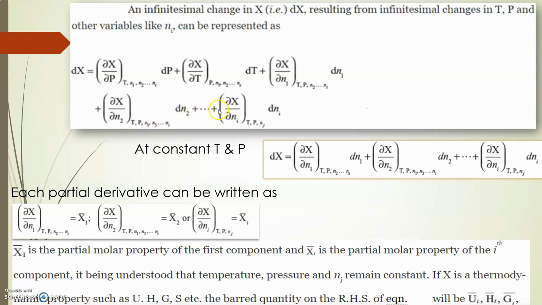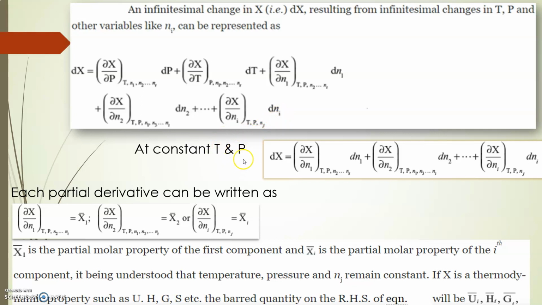Similarly, the last term will be del X by del Ni at constant temperature, pressure, Nj, dNi, where i is not equal to j.